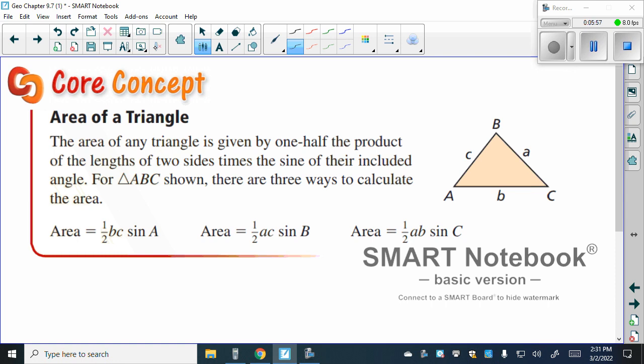And all three of these formulas are actually saying the exact same thing, because we have 1/2 of the two sides times sine of the angle in the middle.